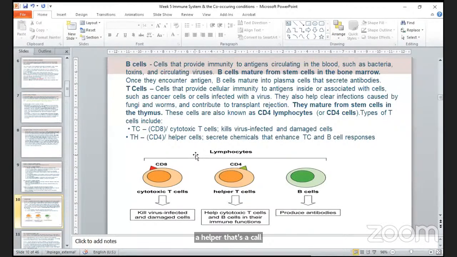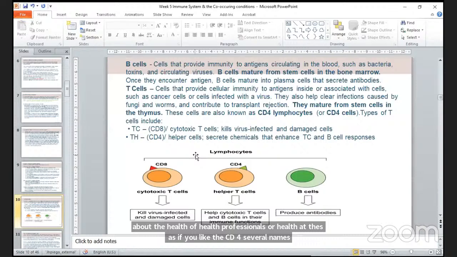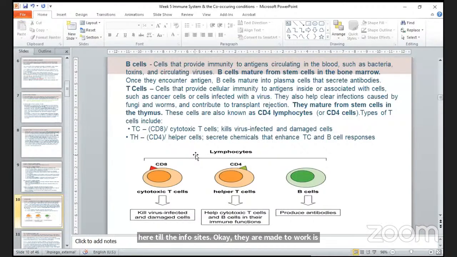Every time we talk about the T helper cells, or the helper T cells, the CD4, there are several names here, T lymphocytes. Their main work is to help the cytotoxic T cells and the B cells to do their work. Cytotoxic T cells, or the CD8, we've said, their work is to kill the infected cells. The B cells, on the other hand, are the ones that produce the antibodies.